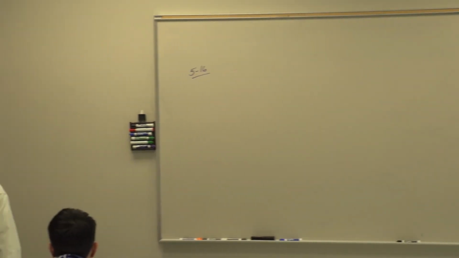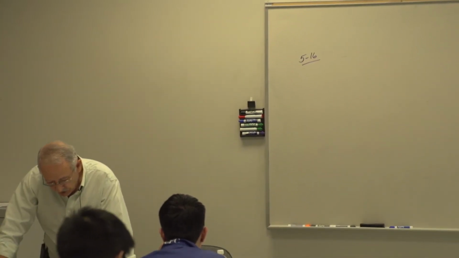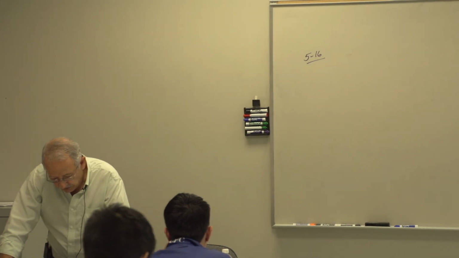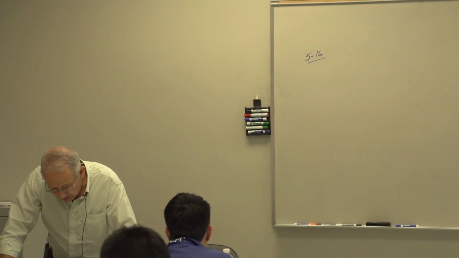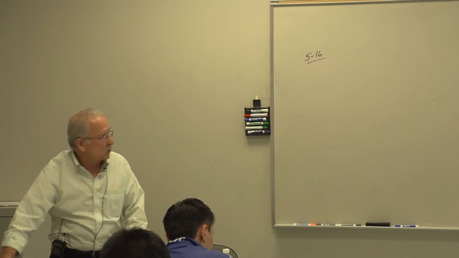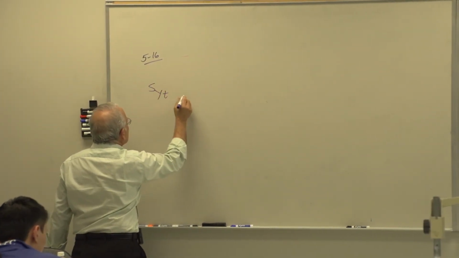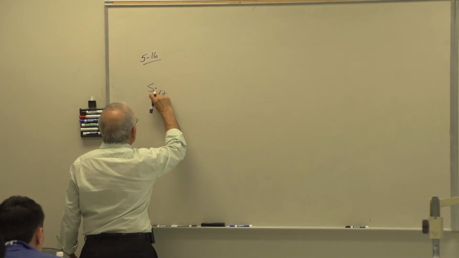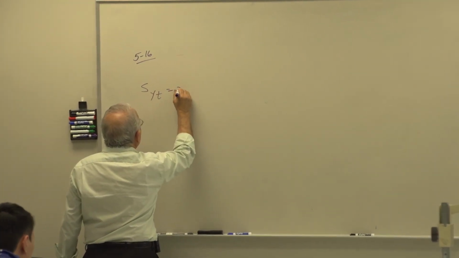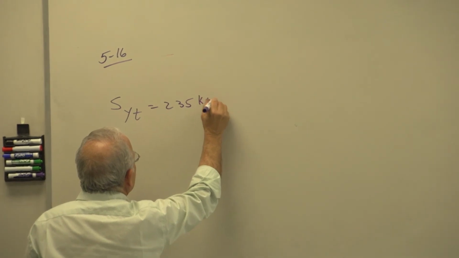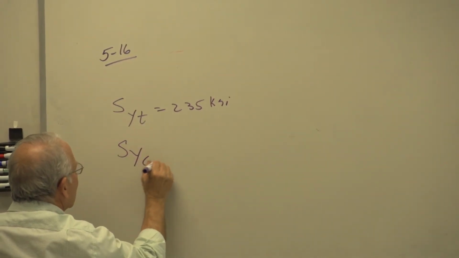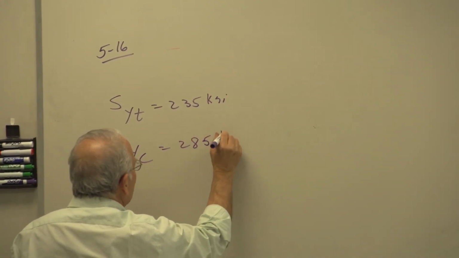This is an AISI 4142 steel quenched and tempered at 800 degrees Fahrenheit, has SYT 235, SYC 285. This is actually good because it's similar to brittle material failure theory anyway.